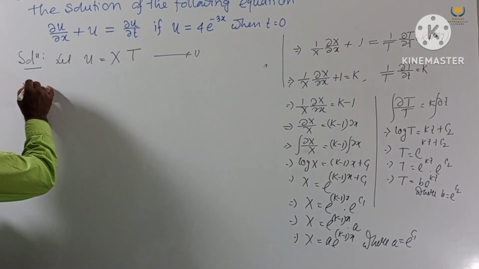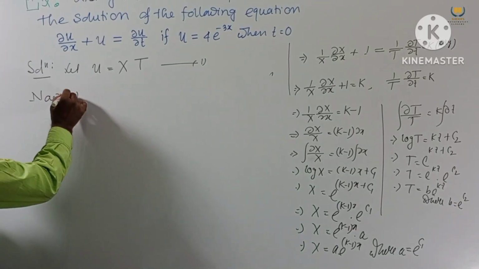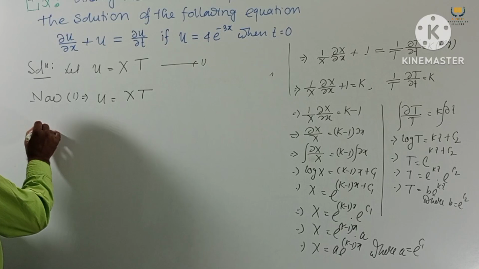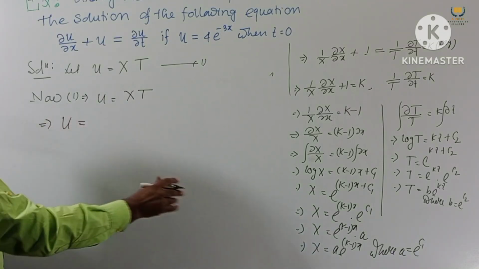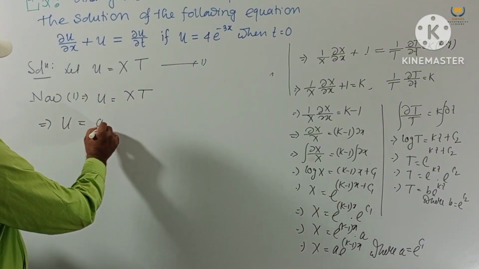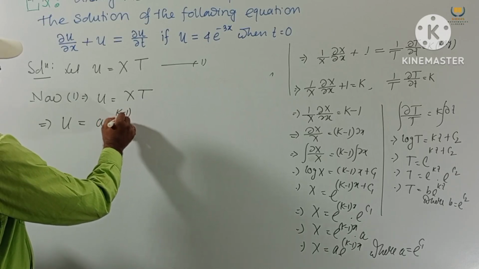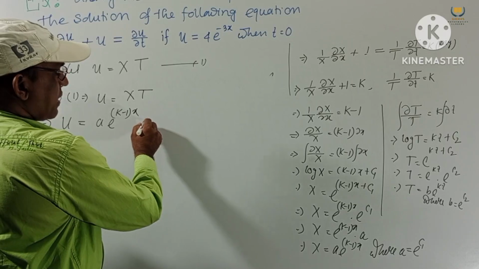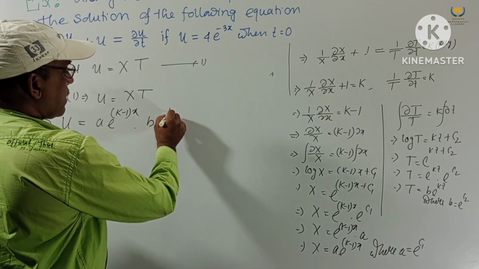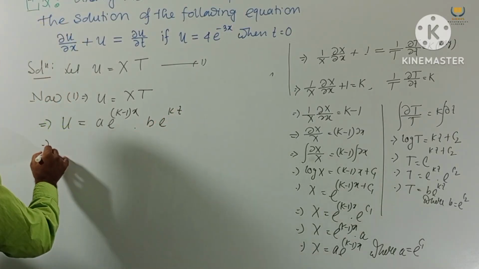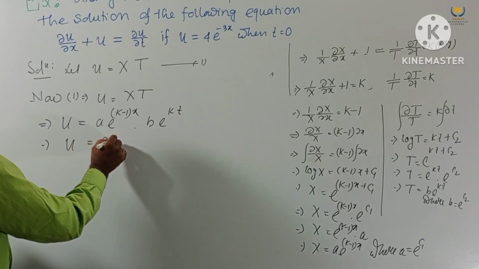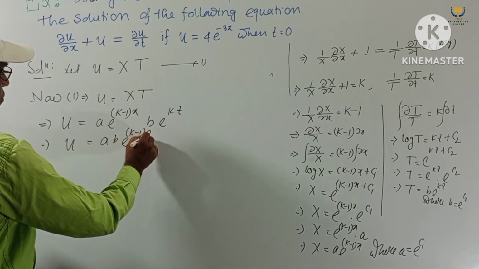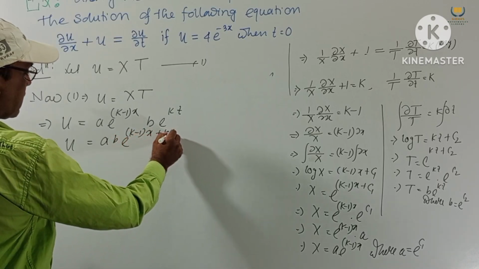Now this one implies u = XT. This implies u = a e^((k-1)x) times b e^(kt), and this implies u = ab e^((k-1)x + kt).